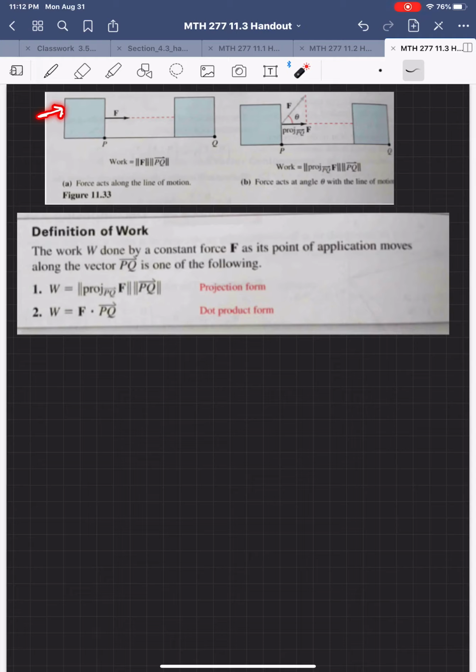You can imagine the first person might be able to push up against the refrigerator like this, but the person behind that individual might be pushing at an angle. Now that angle affects both our formula, and it affects how much work is being done. So in this particular case, notice that if there's an angle involved, this is your definition of work. And I'll go ahead and expand on that really quickly.